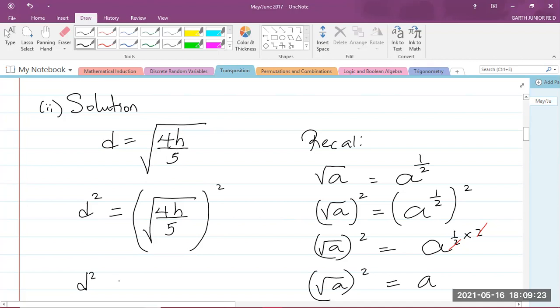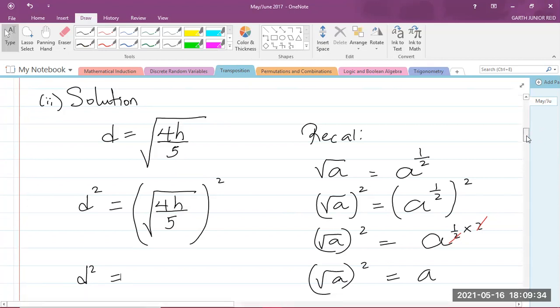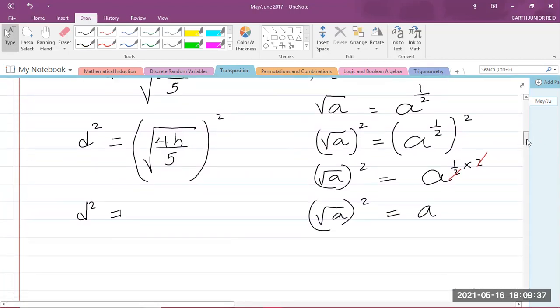So d squared is going to be equal to the square root of 4h divided by 5, squared. So when I do that, what will I get? The square root will cancel out and the 2 will cancel out. So I will now get 4h divided by 5. So d squared is equal to 4h divided by 5.